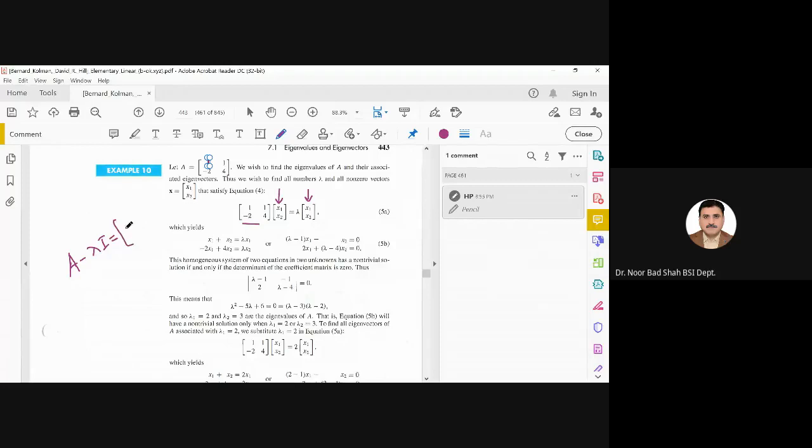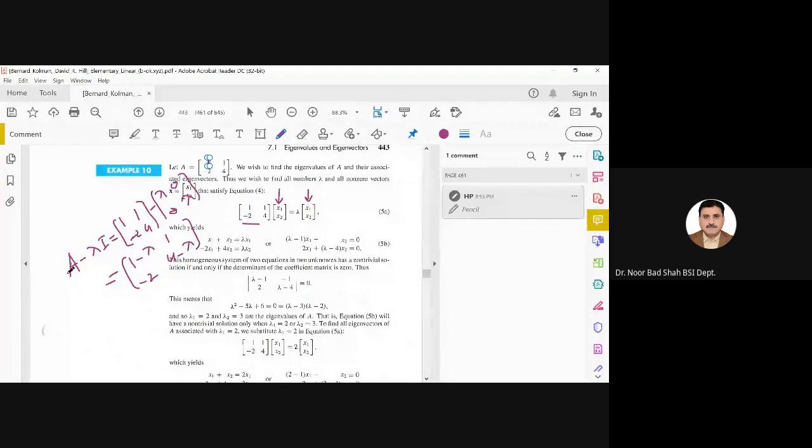The matrix A is 1 1 minus 2 4, minus lambda times I, meaning lambda 0 0 lambda. We simplify it and get 1 minus lambda, 1, minus 2, and 4 minus lambda.